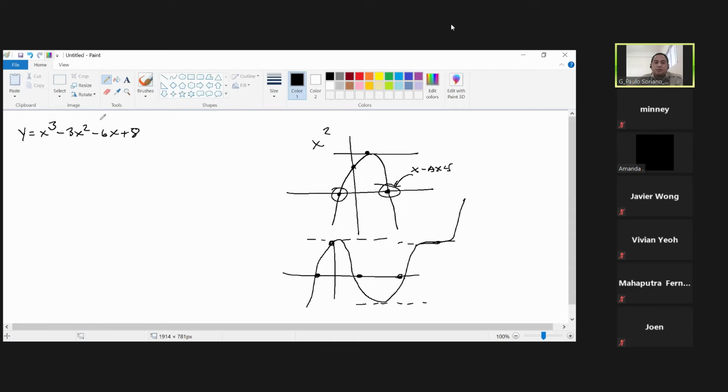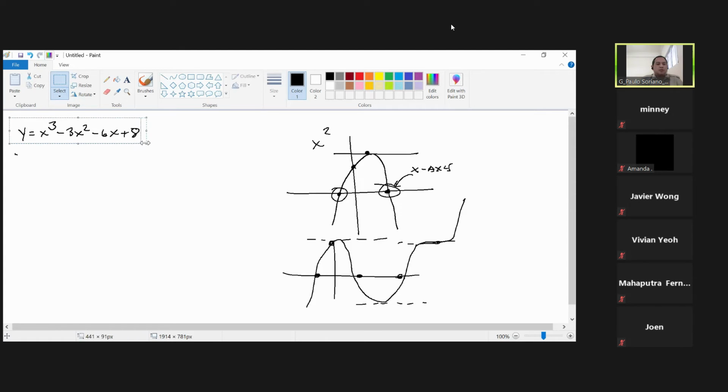Okay, so this is now my challenge. Given y equal to x cubed minus 3x squared minus 6x plus 8, let's try to draw the graph of this based on the information that we have. Procedures for graphing, we always start with, let's put a title.